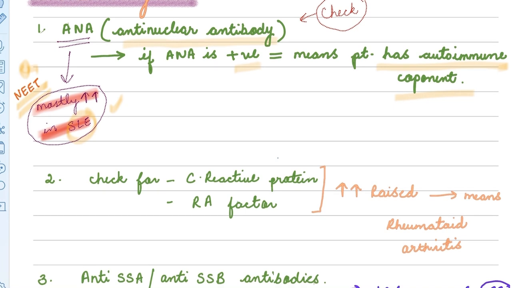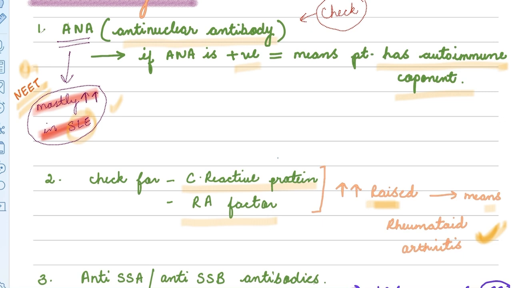Okay. Now we check for C-reactive protein and RA factor. If C-reactive protein and RA factor are also raised, it means the patient has rheumatoid arthritis. And the presence of rheumatoid arthritis means there might be chances of the patient having secondary Sjogren syndrome.